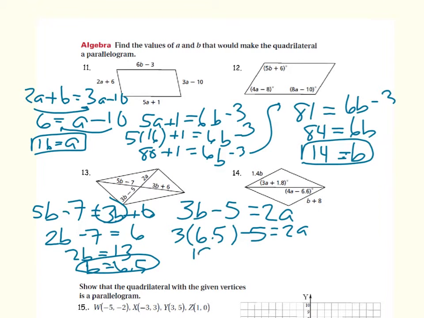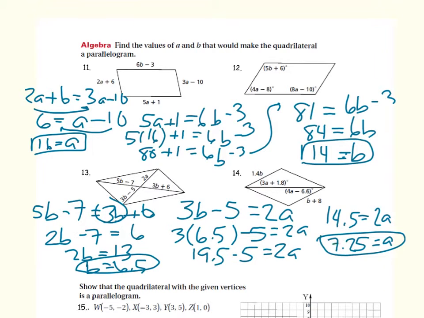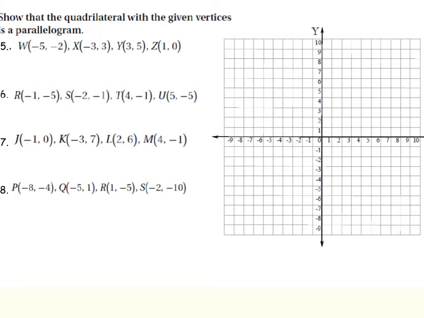And that gives me 19.5 minus 5 should equal 2a. And that gives me 14.5 should equal 2a. And divide by 2, and that gives me 7.25. So a would have to be 7.25 when b is 6.5 in order for the diagonals to be congruent.